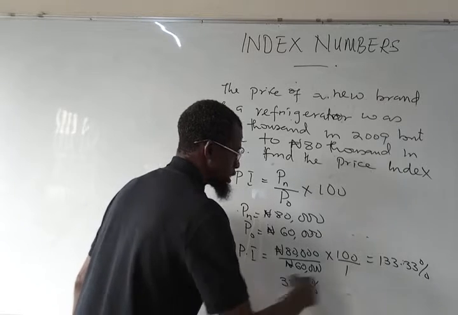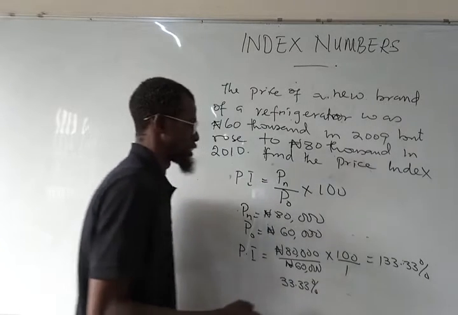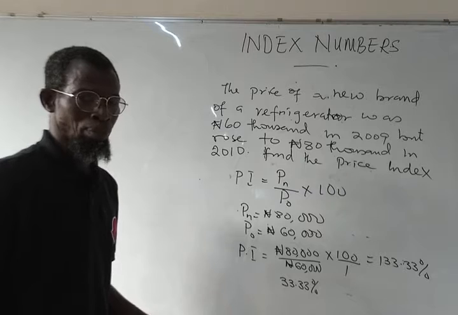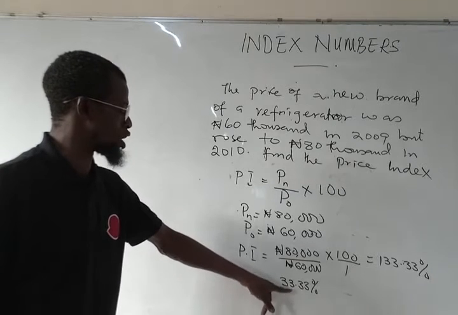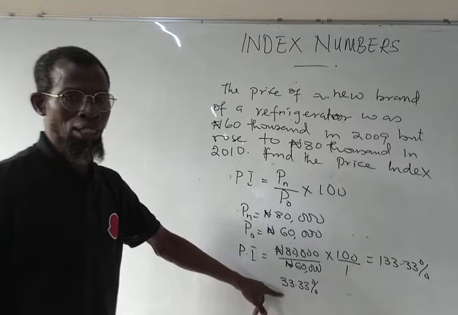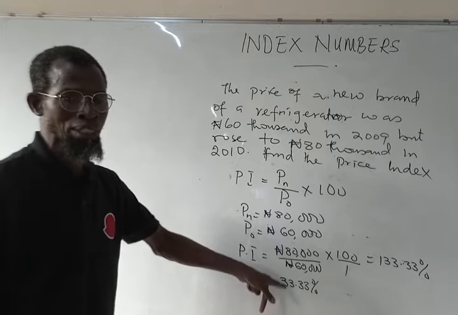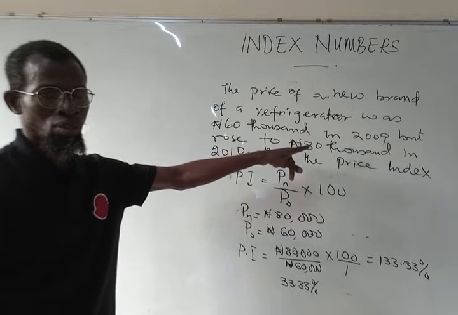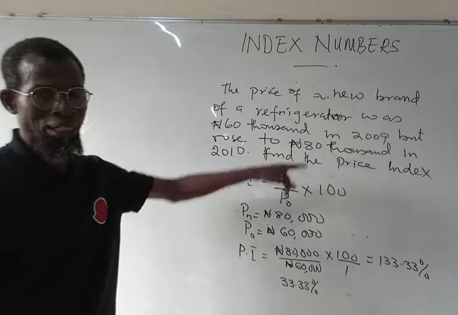You have 33.3%. That is the price index, the comparison: this thing has gone up by 33.3% of how much they were selling it before.